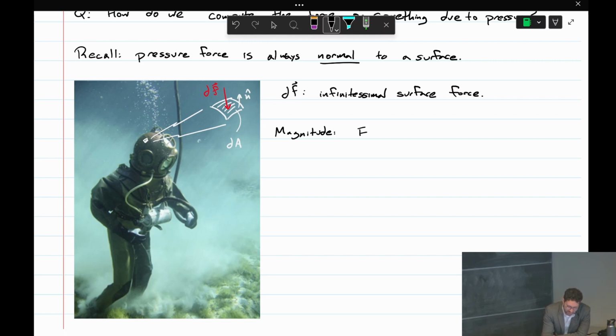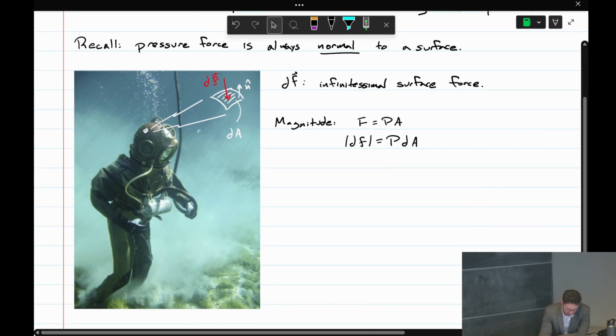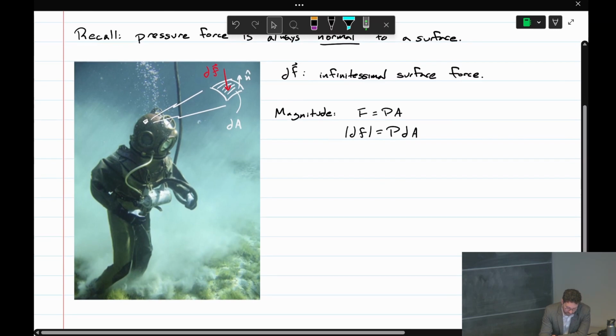So the magnitude is going to be the force is pressure times area. So what that means is dF is the pressure on that element times the area, which is dA. So that's the magnitude of that force.